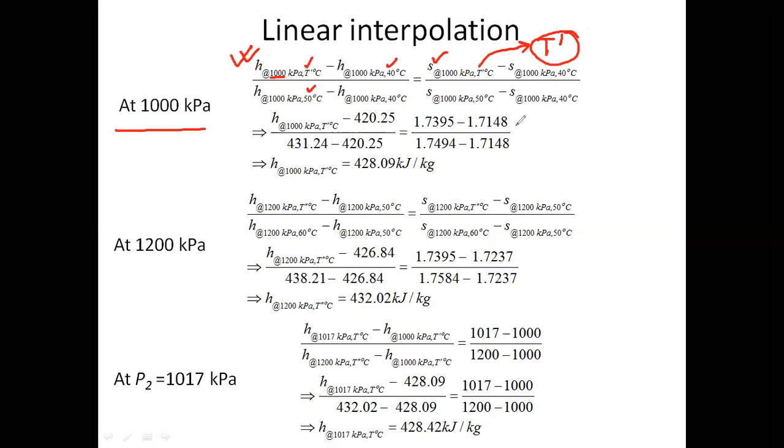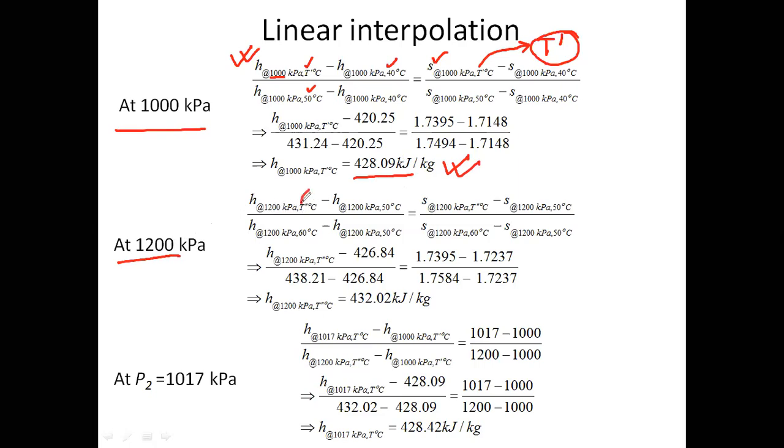So I think this is clear. I have just written it in the mathematical form. So this is 428.09 kilojoule per kg that we have already calculated earlier. Now at 1200 kilopascal, this is enthalpy at 1200 kilopascal.